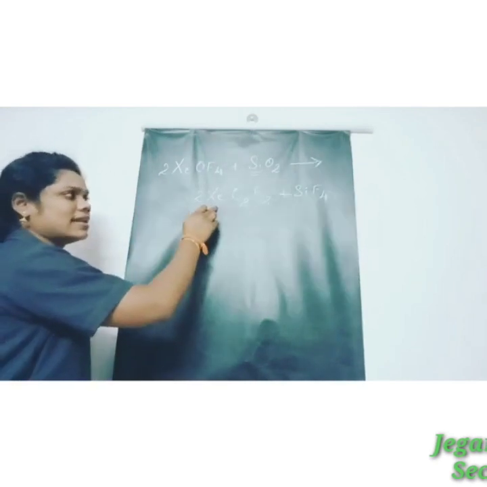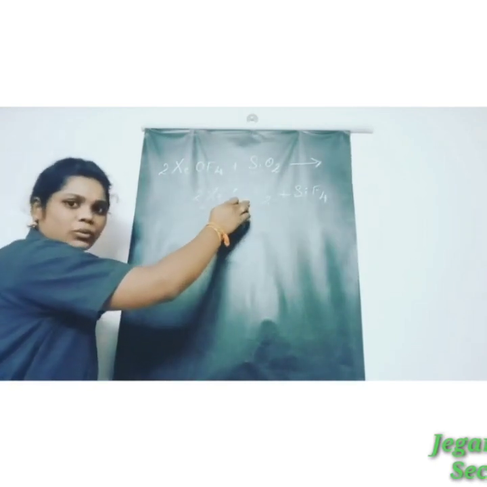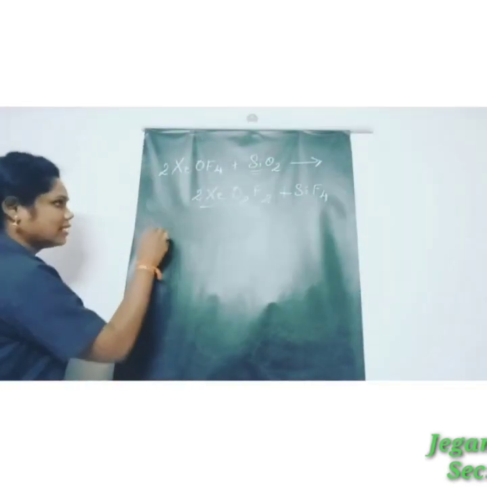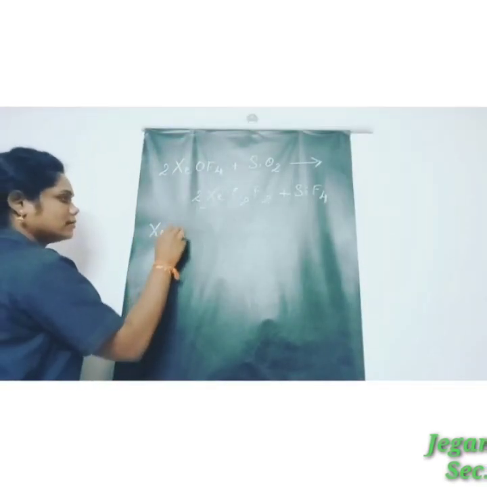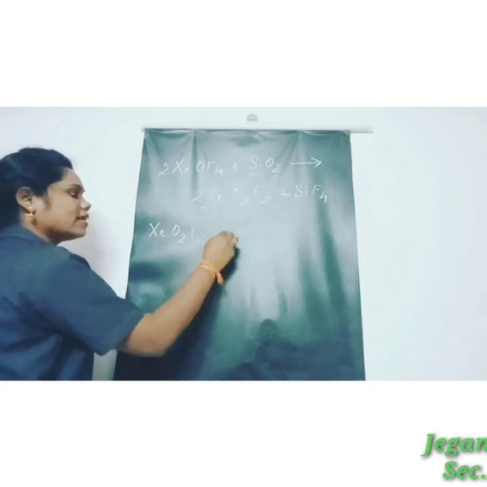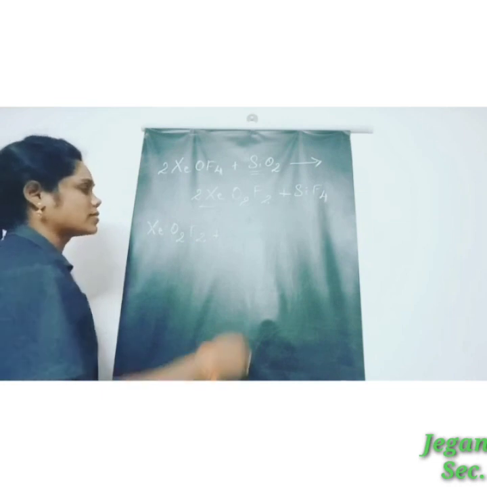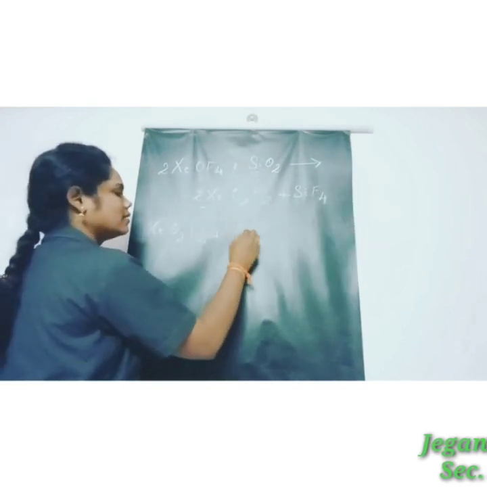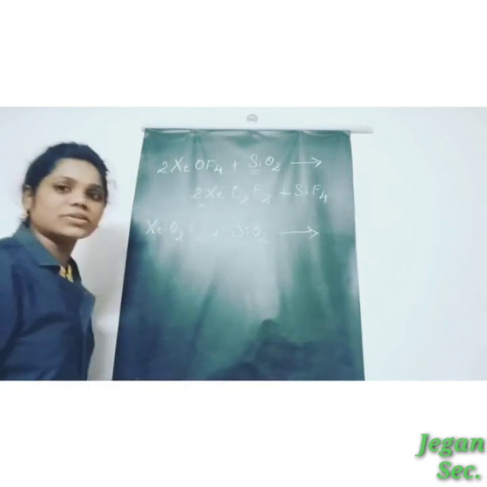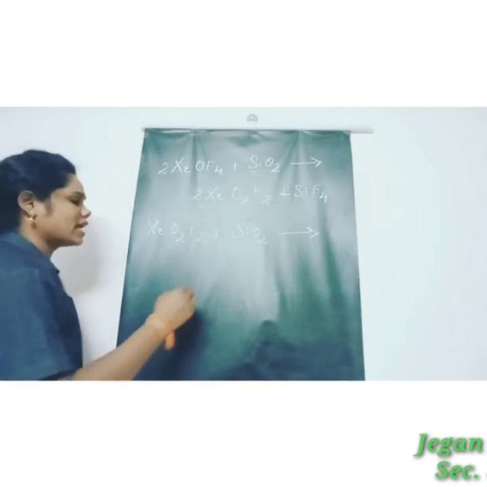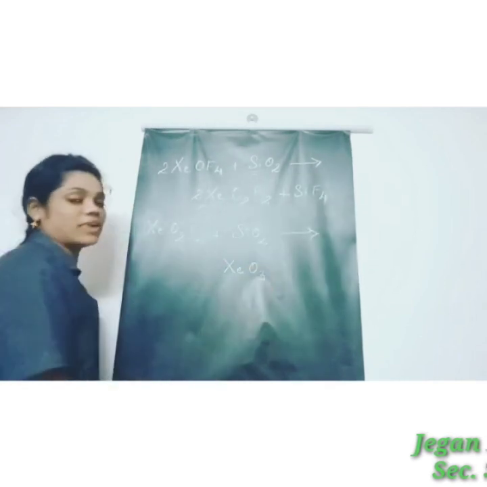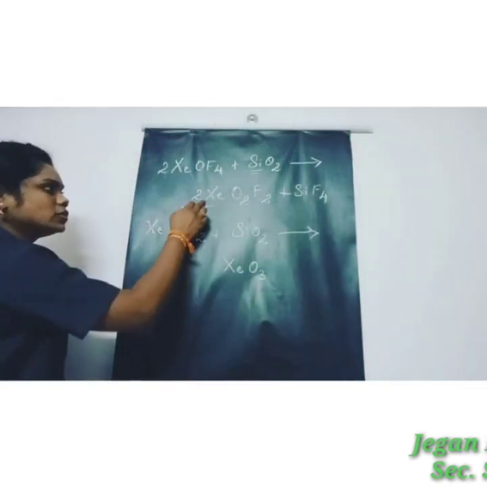Next one, xenon dioxy difluoride is again reacted with silicon dioxide. So here xenon trioxide is formed. Okay, so here 2 times is formed.